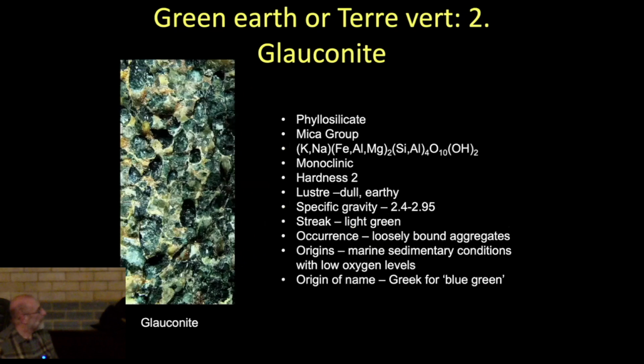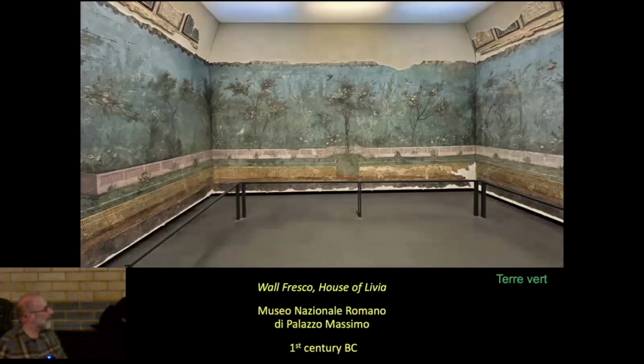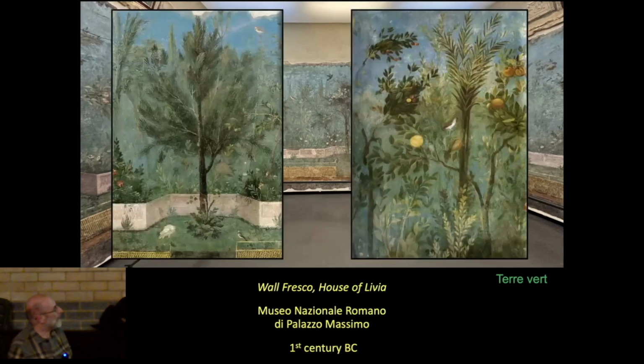You're almost living on the green sand, so glauconite must be familiar to you, which was again used to produce a green color. In fact, this is glauconite terre verte, used extensively in these frescoes in the House of Livia in Italy, and a close-up of the trees that are portrayed there.